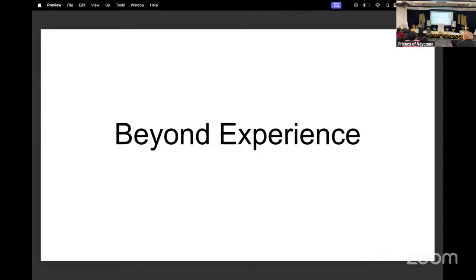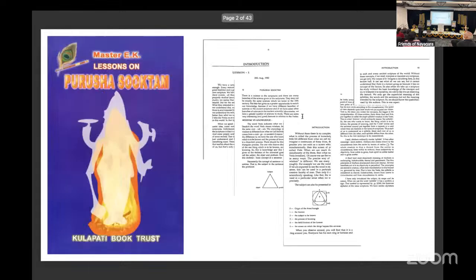So whatever little I've tried understanding, I'll try to explain. Let's see if I can change slides. Okay. Honestly, these are the only 4 or 5 pages I've read carefully. This is from Lessons on Purusha Suktam. The introduction has lesson 1, which is about 15 pages.